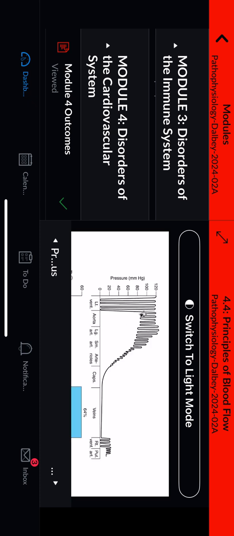We've seen this chart before, but it's good to show it again as now we're looking at blood pressure. You can see blood pressure is going to be highest in our elastic vessels or great vessels closest to the heart, and then blood pressure is going to be decreasing, and it's lowest where you have the lowest resistance in those veins.